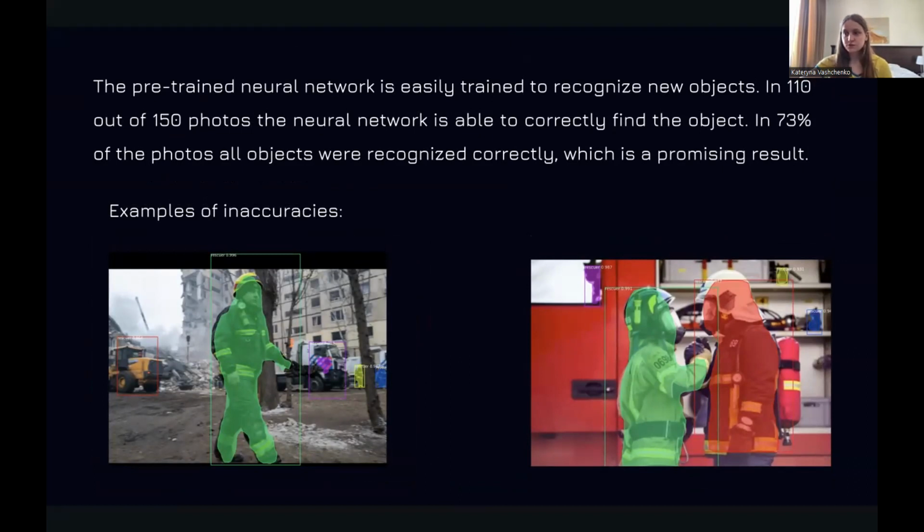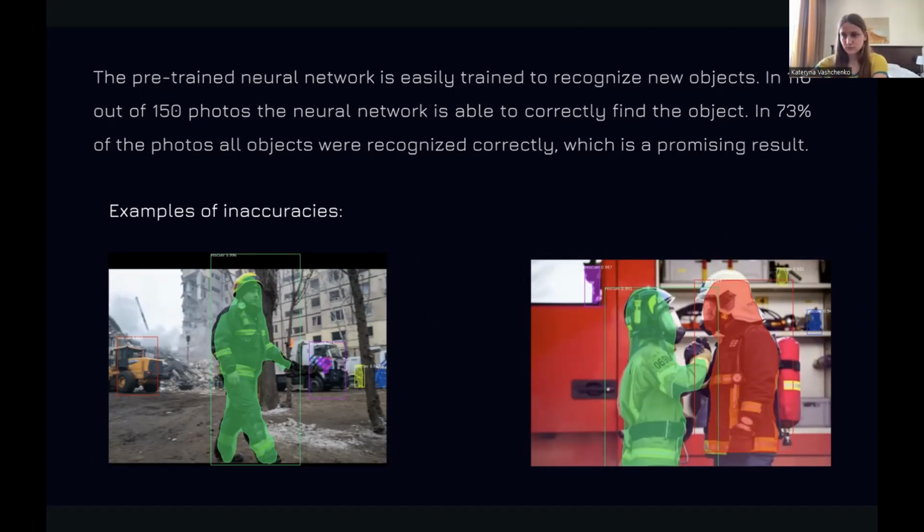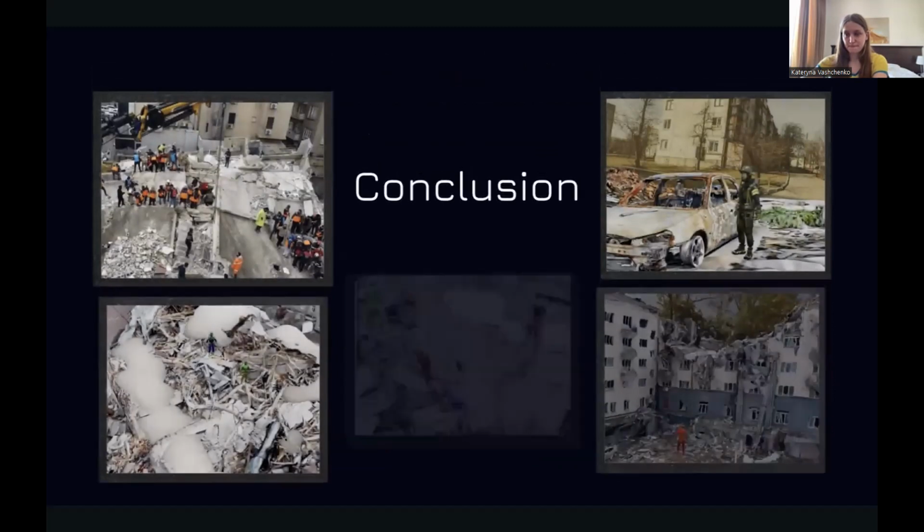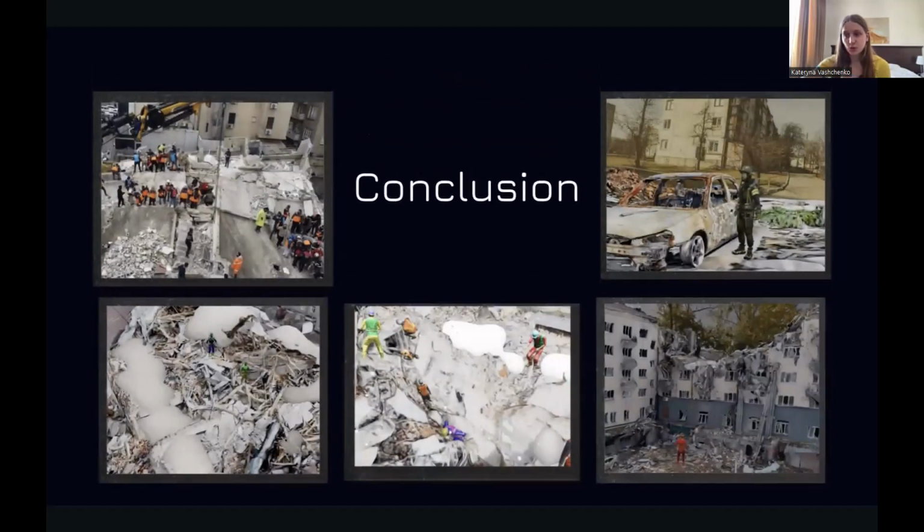This can be solved by increasing the neural network training by a larger number of steps. In a situation where there's no way to take many photos, it makes sense to use synthetic data. That is what is done in programs such as Blender. The resulting images need to be annotated.